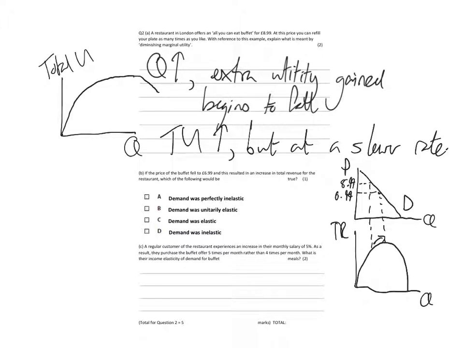And that must mean then that we're on the top section of our demand curve, and we know that on the top section of the demand curve, the demand for the product is elastic, so answer C. What this means is that the reduction in price is bringing about a greater than proportional response in quantity demanded, and so whilst each buffet dinner sold is generating less revenue, the fact that there are more units being sold overall makes up for that, and so total revenue will increase.